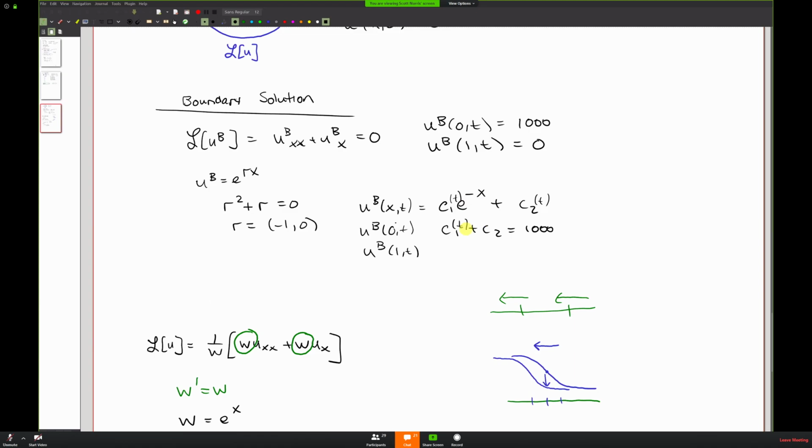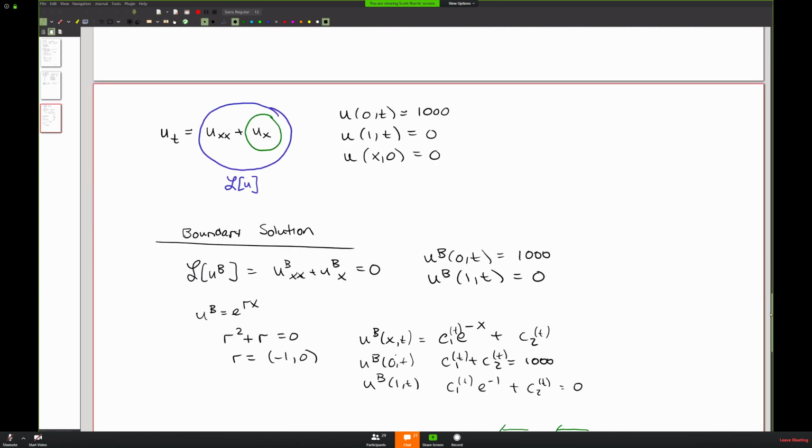But as we'll see, there's no time dependence in the boundary conditions, and so these end up just being constants. UB of 1 comma t is going to be C1 of t e to the -1 plus C2 equals 0. Okay, and we solve this 2x2 system for the values of C1, C2, and we have our boundary solution. I'll leave that to you.